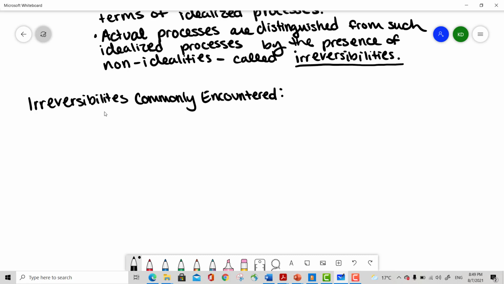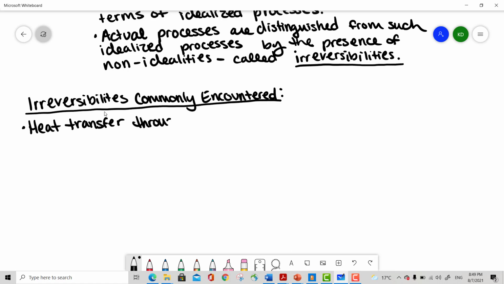A lot of these concepts are better explained through examples, or at least better grasped. So we have heat transfer through a finite temp difference. Okay.